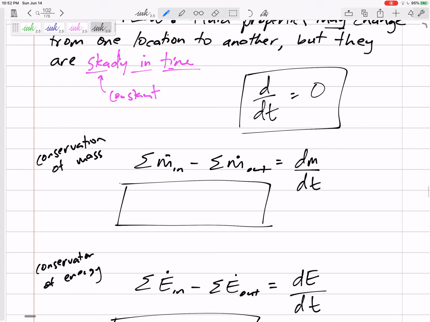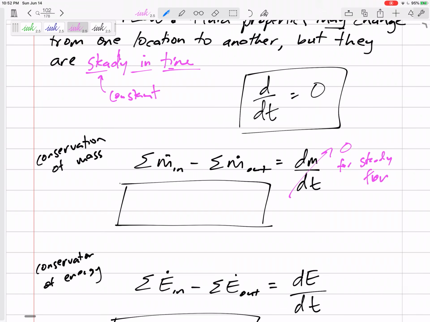So in our conservation of mass, all the mass coming in minus all the mass going out equals the change in mass per time. The change in mass per time is 0 for steady flow devices. Let me make a note. So now m in minus m out equals 0.